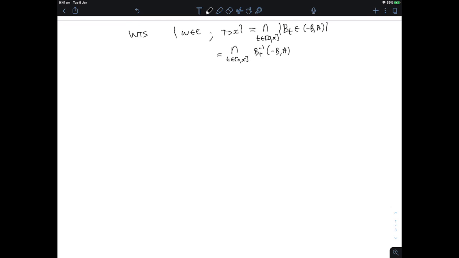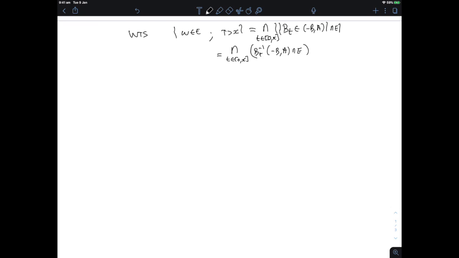And I should have said, sorry, here it's not quite clear. This is the intersection of these things intersected with E. That's not quite clear because the intersection is over an uncountable family of times. So I cannot just say the intersection of all these things in Fx has to be in Fx because the intersection is over an uncountable index set.